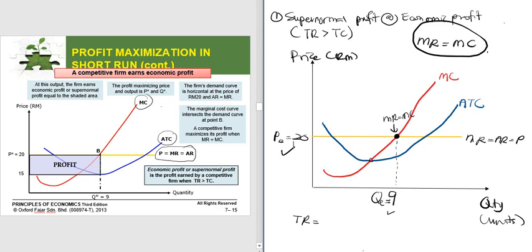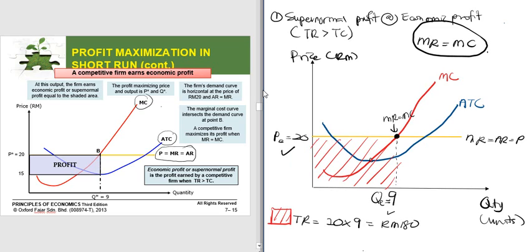To calculate the total revenue, you multiply 20 by 9, so what you get is RM 180. It is basically the shaded area here. Let me color it, so this is the area of total revenue.